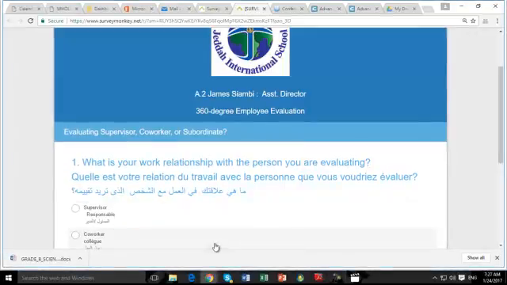Another reason why we are doing this is to help us improve our teamwork, to help us improve the awareness of how we perceive each other as a group. So this simple feedback you will provide will help us as a team, as a school, to have our own feedback evaluated by ourselves.